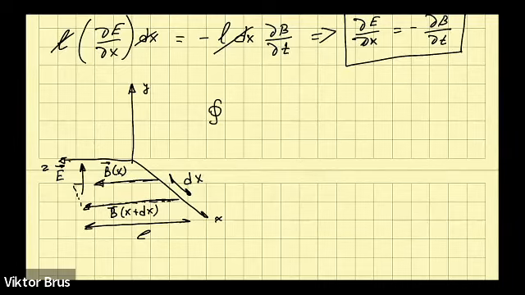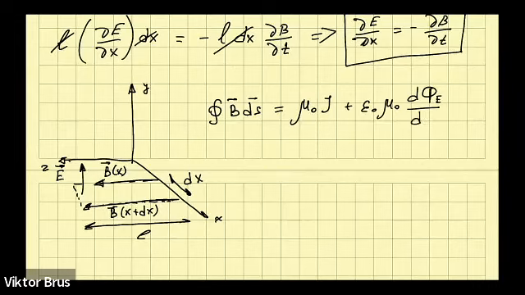This is the integral along a closed path of the magnetic field vector times ds vector, which is equal to mu naught times I plus epsilon naught times mu naught times the first derivative of the electric field flux over time. So now we deal with free space.